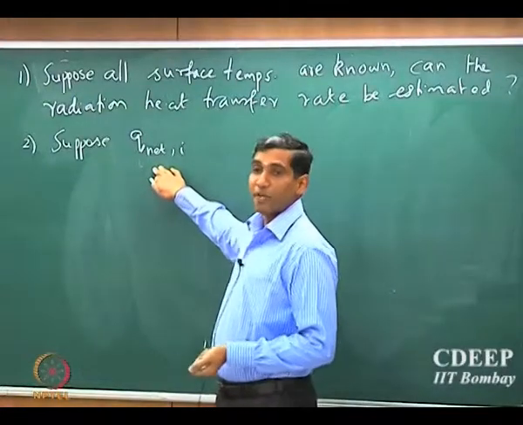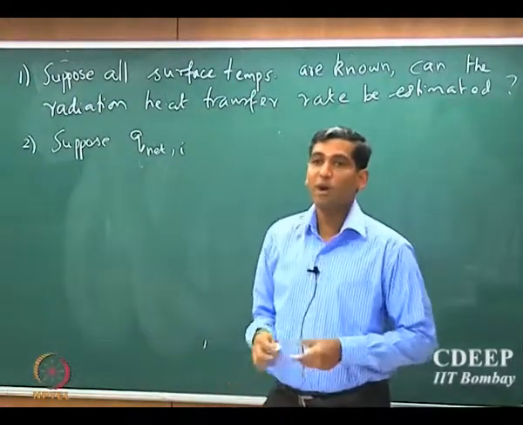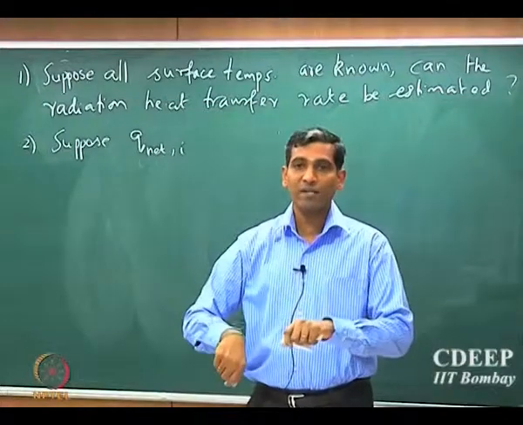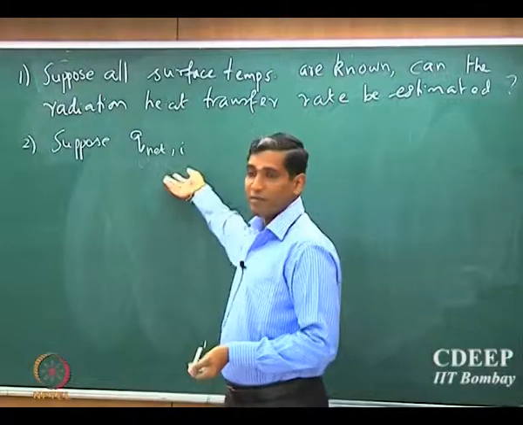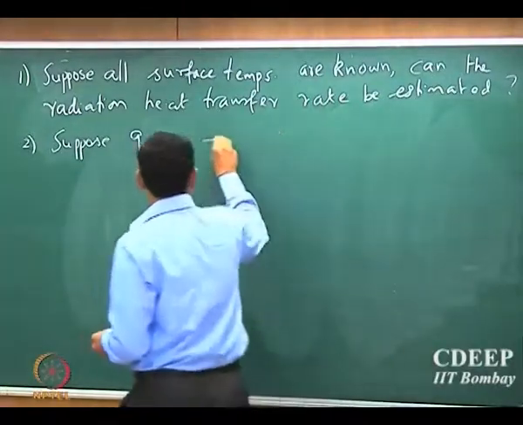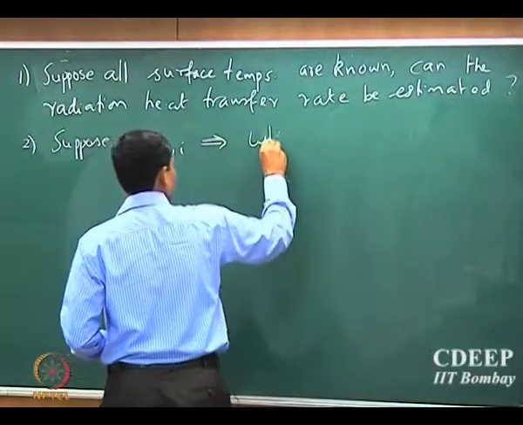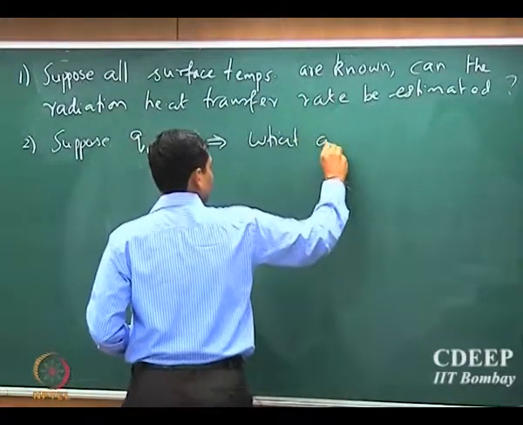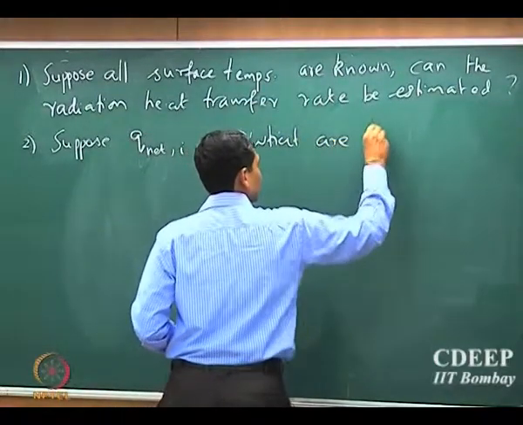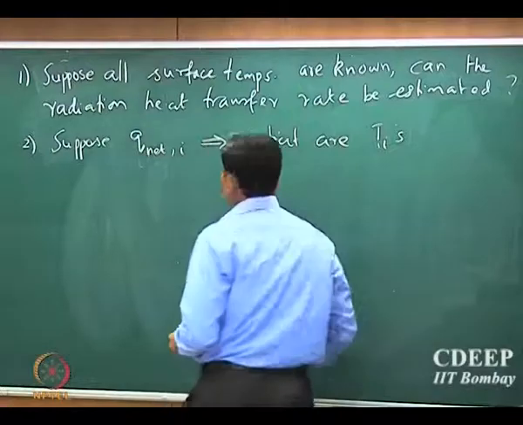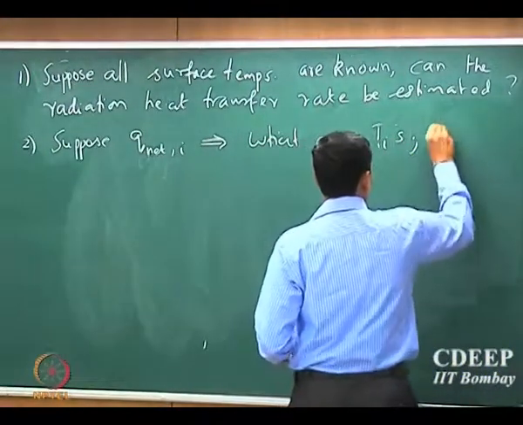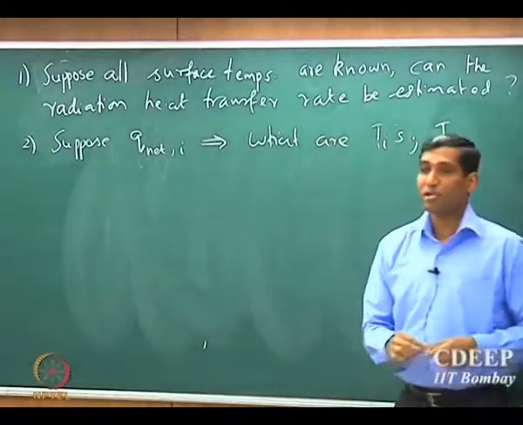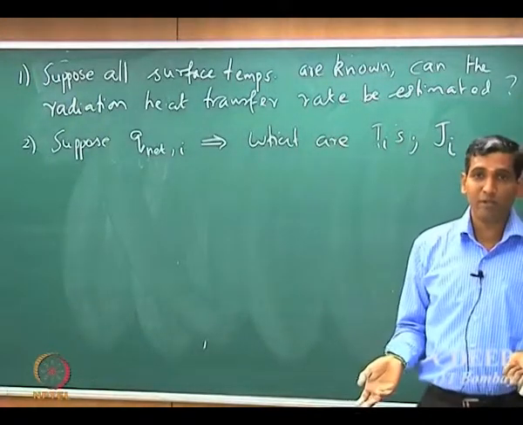Now, that is possible to measure, because if you know how much heat you are supplying or removing in order to maintain an isothermal condition, that is what will give you Q net i. Then given that, what is the temperature? You can answer different kinds of questions. Not just that, you can also say what are the individual total emission. So, that question also can be answered.